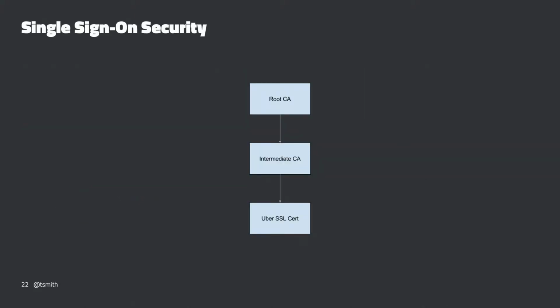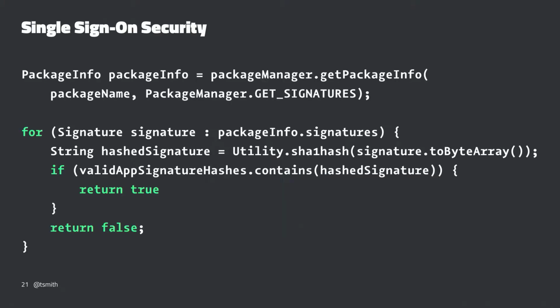Let me give you a quick visual of the trust chain that a key store uses to sign your APK. You have the root certificate authority, which is provided by the device. And then you have a number of intermediate certificate authorities before finally signing, in a chain, your SSL certificate, which, if you then look at your APK, all the signatures, you'll see a number of these.